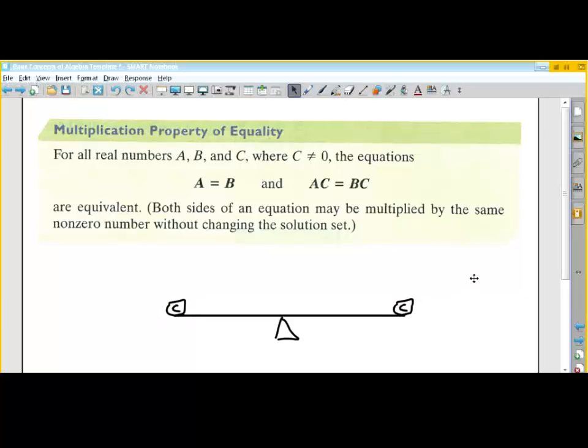If I take the same thing and put it on either side like that, then it's going to be balanced because it's the same thing. I could put A and B, but I'm just going to use C.